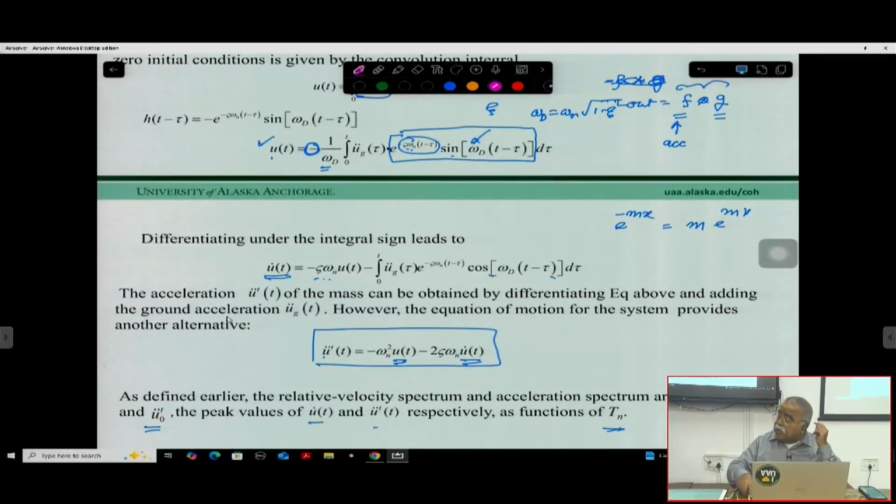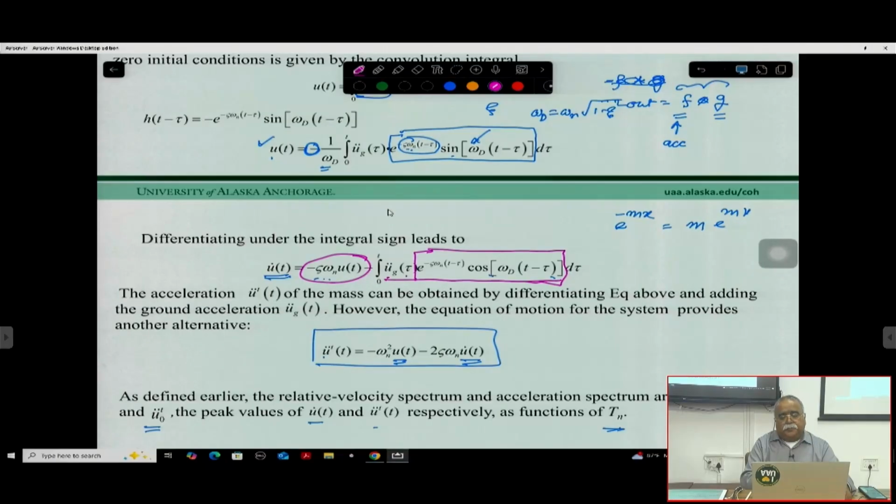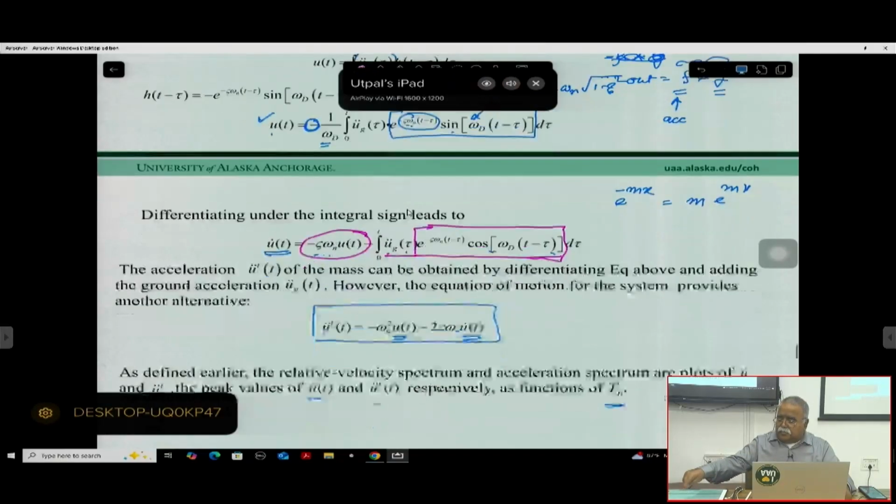This is again a convolution, but this convolution is with the cosine term, and minus this part is present, so that you can calculate u dot t and then calculate its peak values. Okay, so hopefully this will give you some insight into how to calculate the response spectrum.